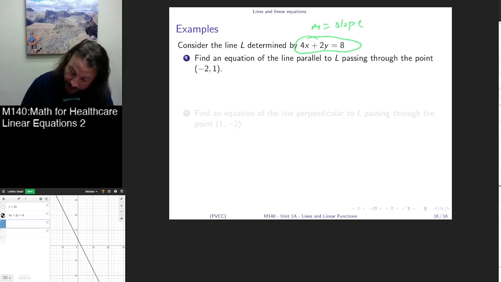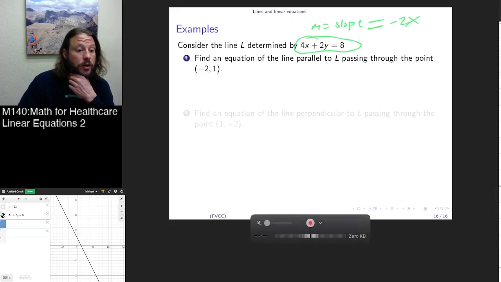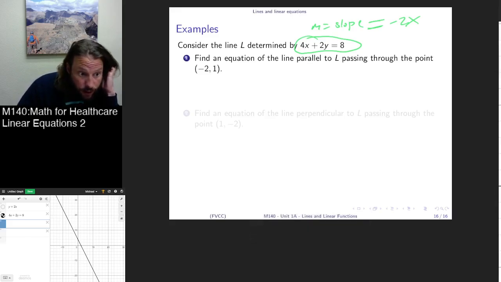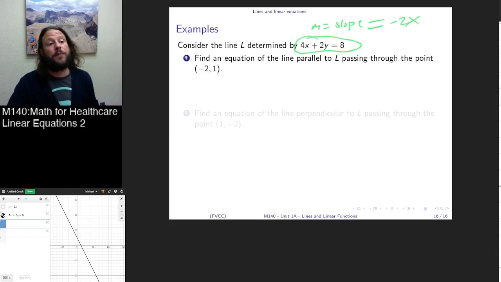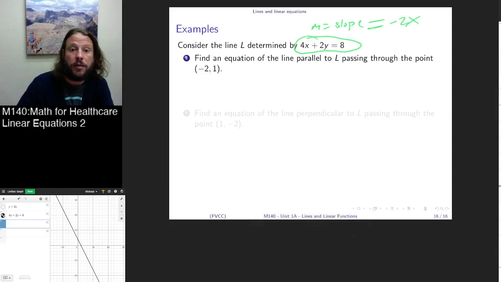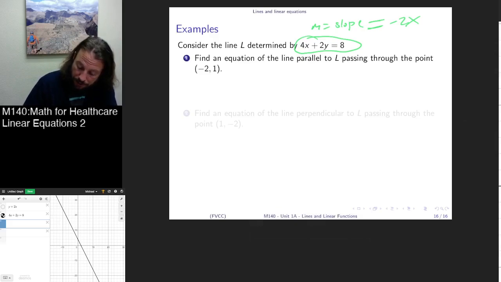Now we could find that by subtracting 4x from both sides and then multiplying both sides by 1/2. So that's going to be negative 2x. Looking at our picture in the lower left corner, it's certainly negative, and it's about down 2 and over 1 to the right, and that matches what we're getting algebraically up here.